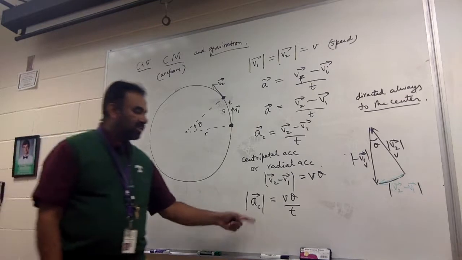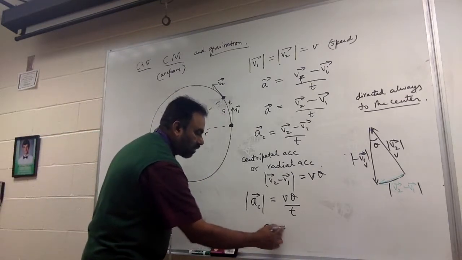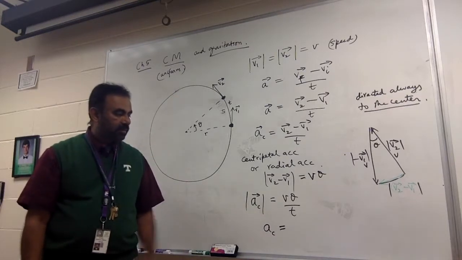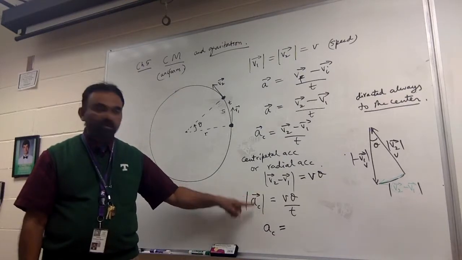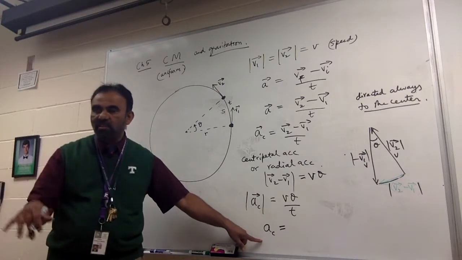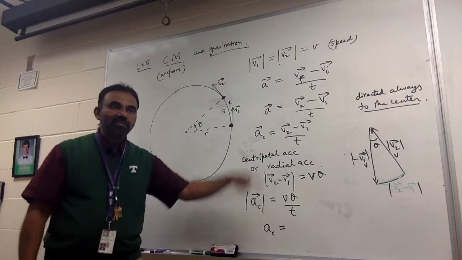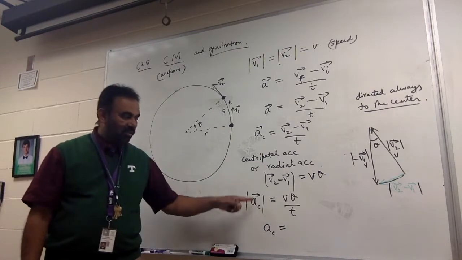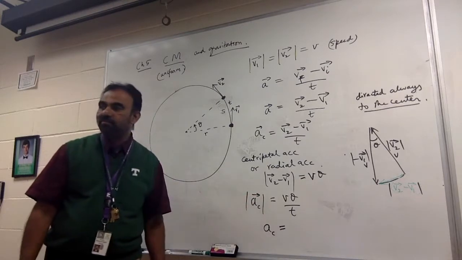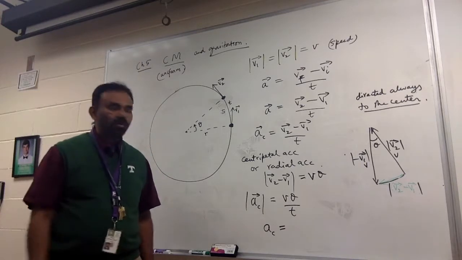So the centripetal acceleration. See, when I remove the arrow, it's like saying the magnitude. So when I say AC, that's just the magnitude. Instead of putting the arrow and putting the two bars across it, if I just knock off everything and write like this, it means the same as that. Okay? If I just write the letter, it means only the magnitude. Yes?